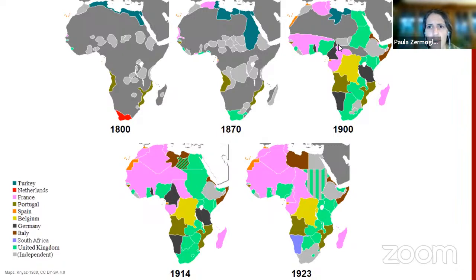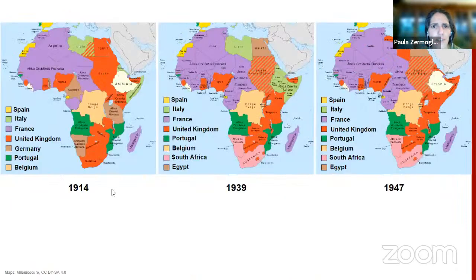And so, for example, here we can see quite a change. This is part of the French Congo here, and it has changed quite a bit over time. And if we move it forward in time, here are other maps that go from 1914 to 1947. We can see that the changes have been quite obvious.